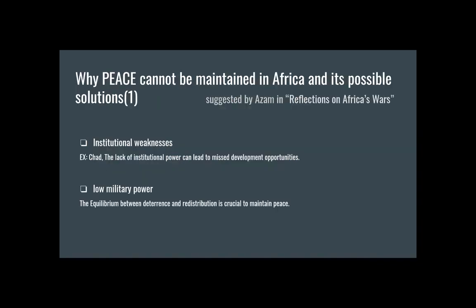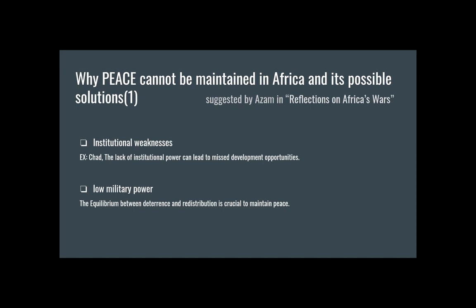Despite the previously mentioned institutional capabilities to maintain peace, one might wonder why peace cannot be kept in Africa. In Azam's paper, Reflections on Africa's Wars, the first reason is institutional weaknesses. The paper argued that a credible institutional framework is necessary for economic and political development.